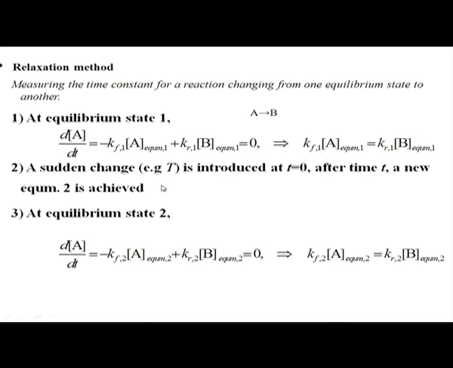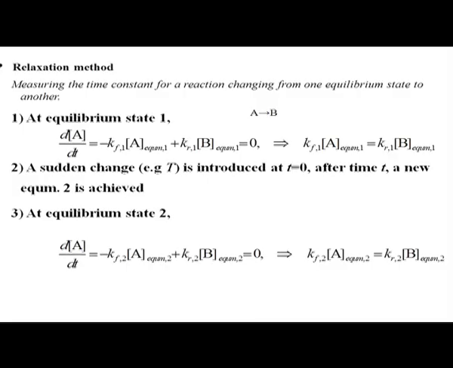A sudden change, for example in temperature, is introduced at time t equal to 0. The success of this method is that you have to perturb very fast. If your perturbation takes time, then it is not very useful. So it relies on how fast you can perturb.